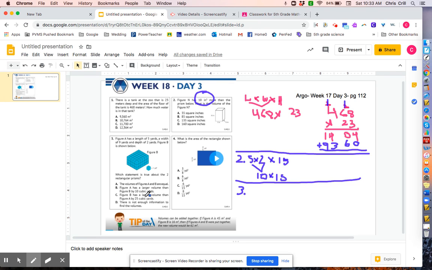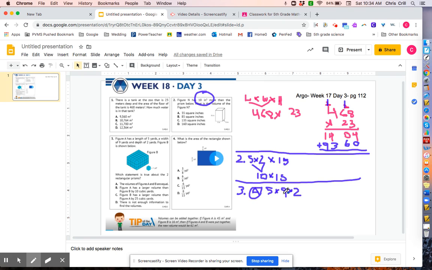So I have to figure out the volume of each. So let's start with A first. A has length of 5, width of 9. So this is figure A, length of 5, a width of 9, and a depth or a height of 2. So a couple of different ways you could figure this out.